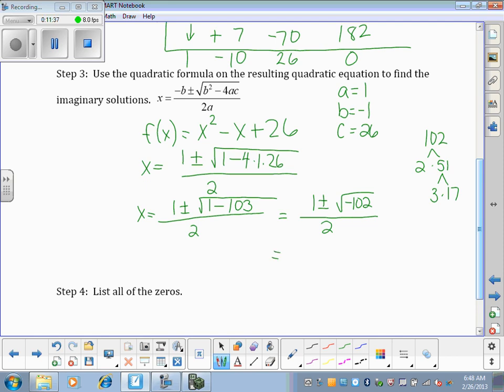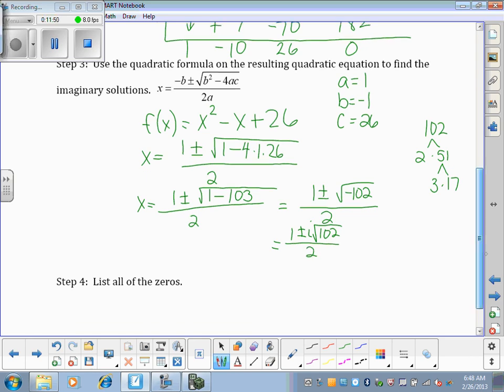So what you get as your final answer is 10 plus or minus 2i, all over 2, and that actually is in lowest form.